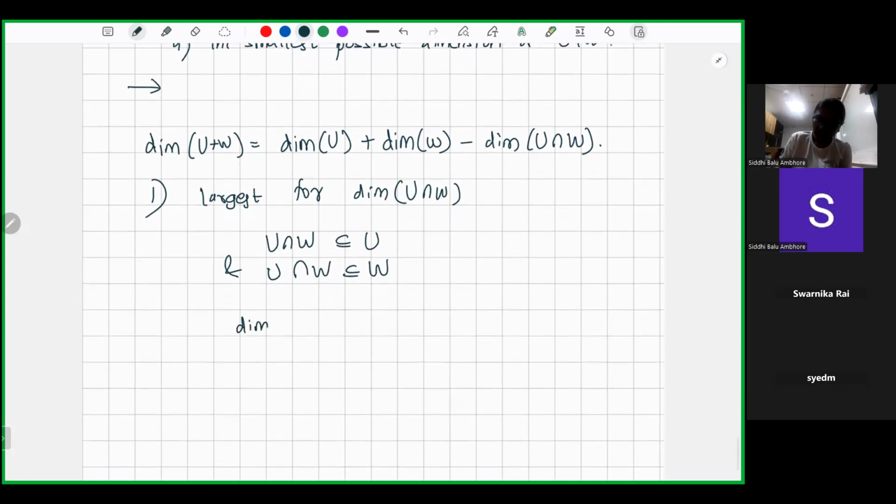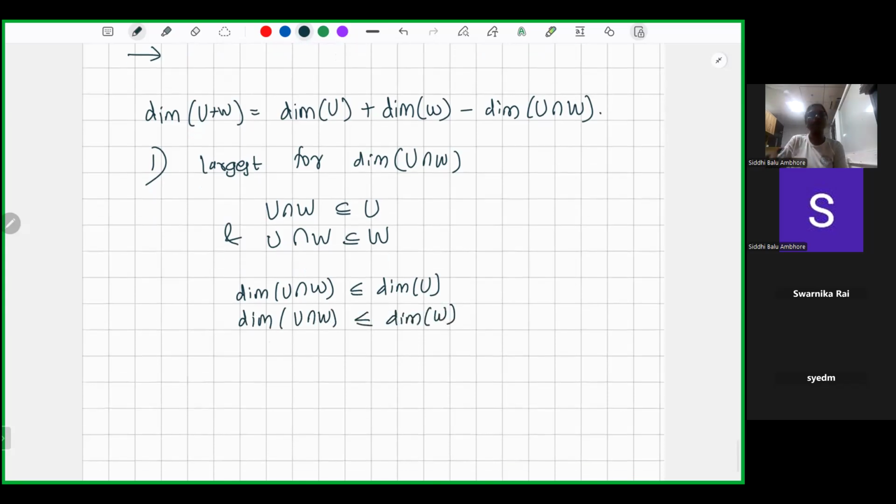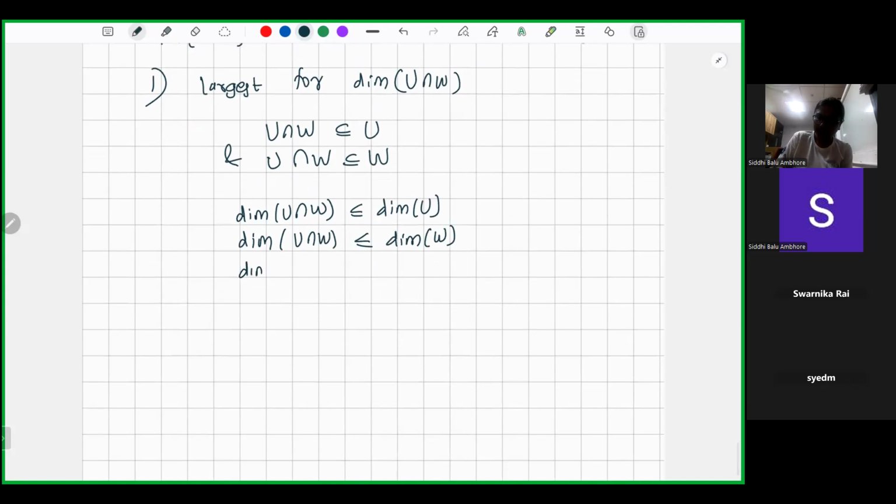So dimension of U intersection W is less than or equal to dimension of U, and dimension of U intersection W is less than or equal to dimension of W. This implies that dimension of U intersection W is less than or equal to the minimum of dimension of U and dimension of W.